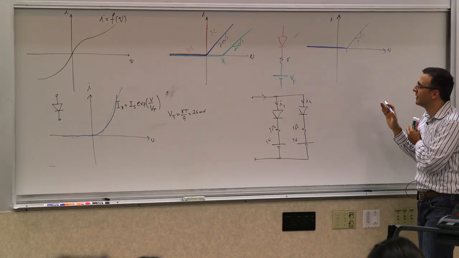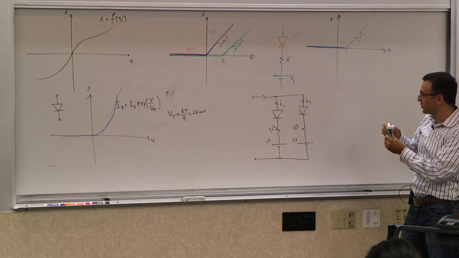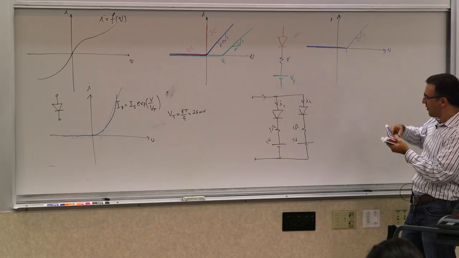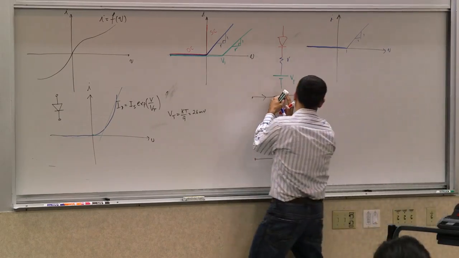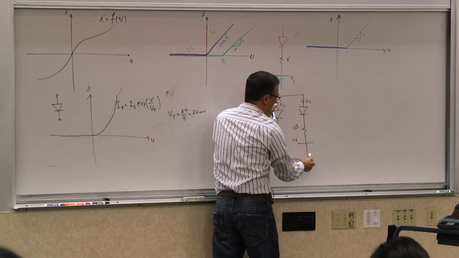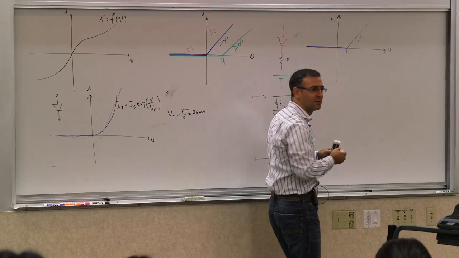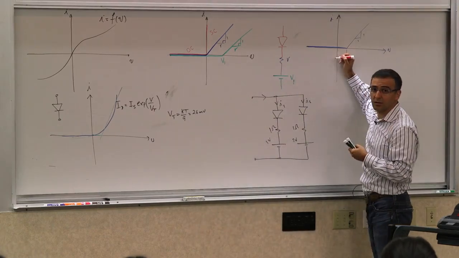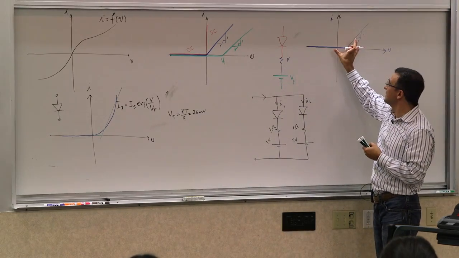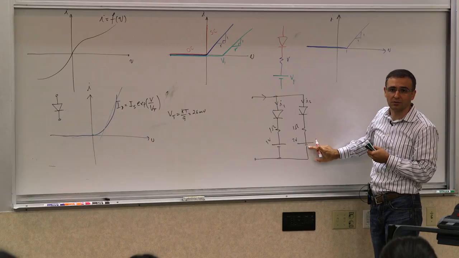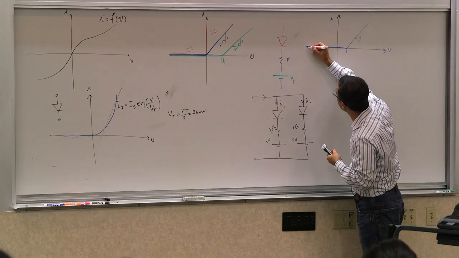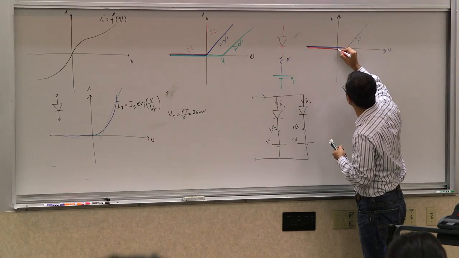Okay. So let's play a little bit more with it. Maybe we get a little bit more comfortable. Now, how about this side? If I just had this branch by itself, what would that do? It looks like this one, except for the fact that it happens at 2 volts, right? So the current through that branch follows this red curve.